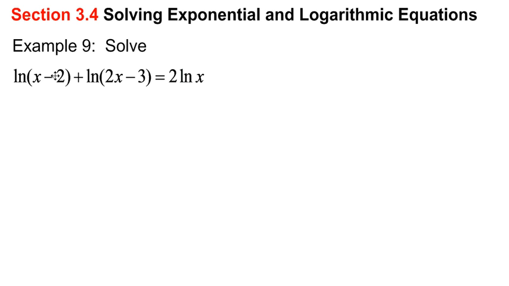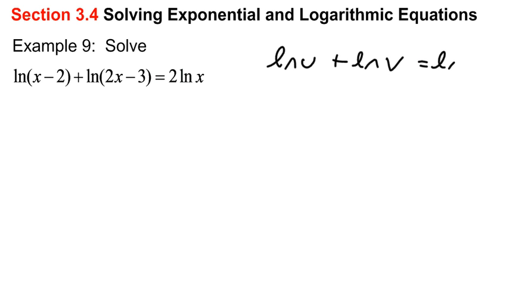We have the natural log of x minus 2 plus the natural log of 2x minus 3 equals 2 times ln of x. Look at this. I have a natural log plus a natural log. What does our property say if I have ln of u plus ln of v? It's the product property, right?